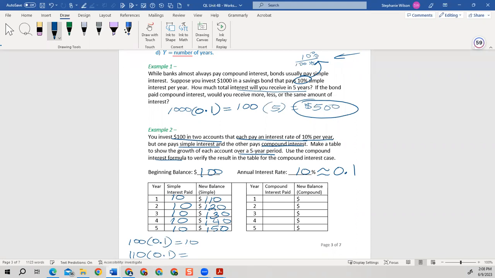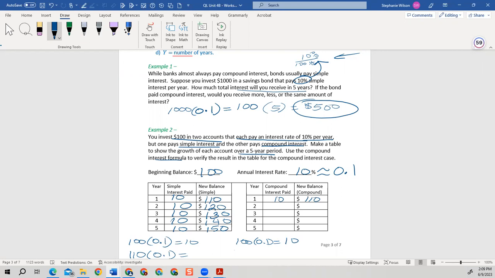Now, let's look at the compounded interest. That's where it becomes a little bit different. So we take that $100 again, and we multiply by 0.1, and it gives me the $10. Sorry, guys, I was looking at the other table. $10 plus 100 gives me 110.